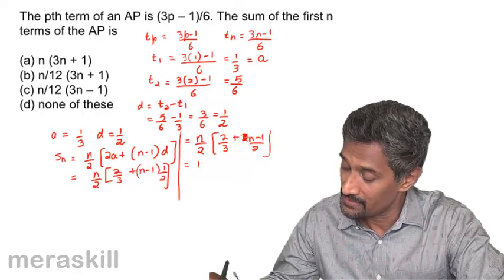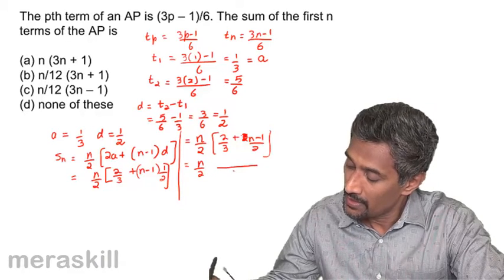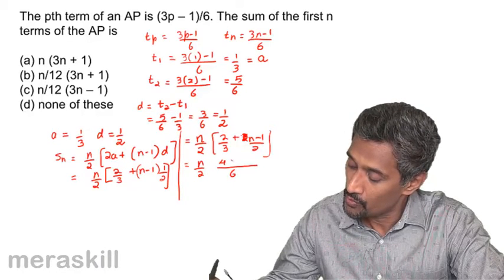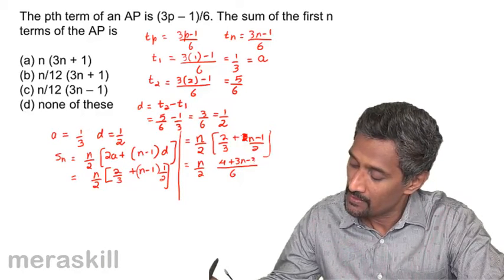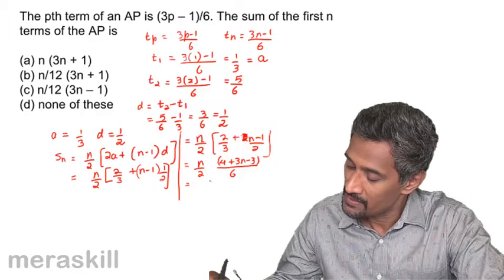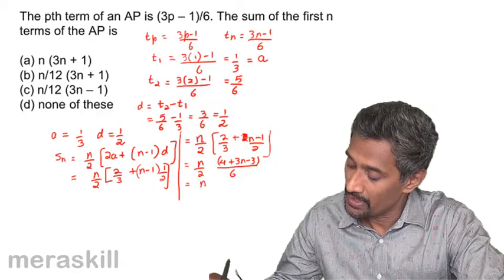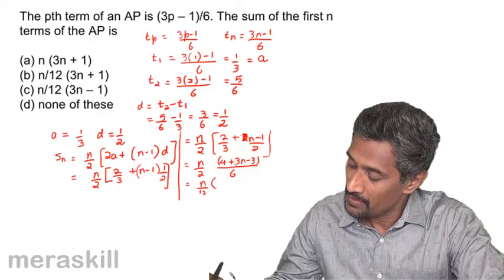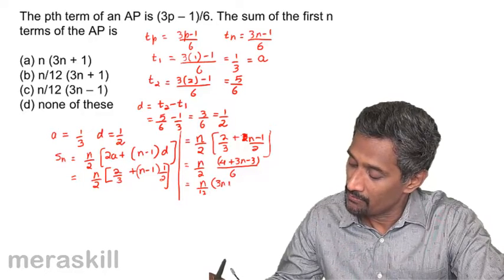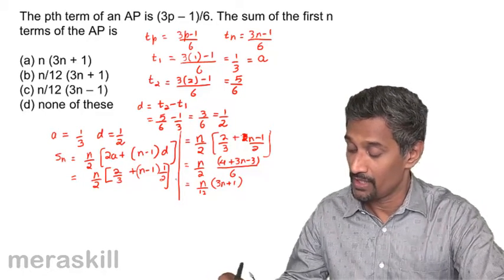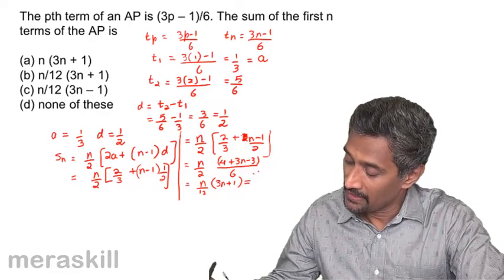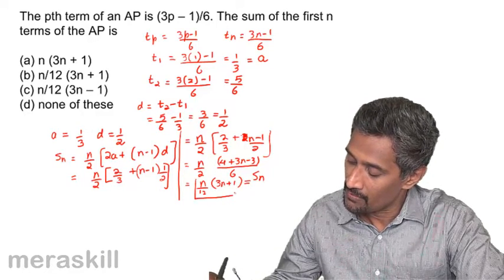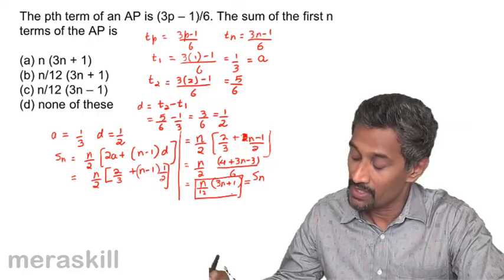You can take the LCM, which is 6, so n by 2 into (4 plus 3n minus 3) by 6, which is n by 12 into (3n plus 1). So that means Sn turns out to be n by 12 into (3n plus 1).